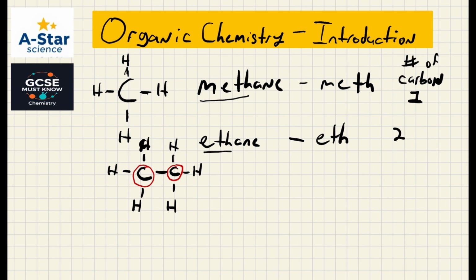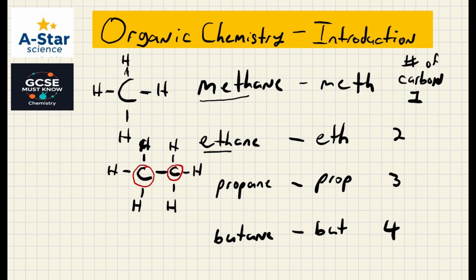If it has 3 carbons, we call it propane, for example. And that has 3 carbons. And if it has 4 carbons, we call it but or butane.